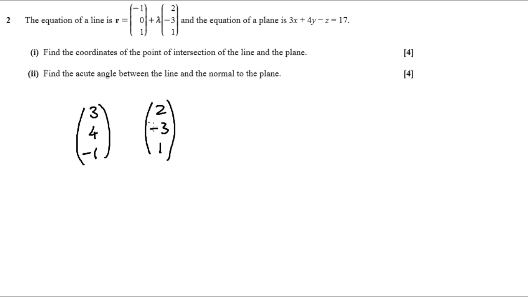With these two vectors, if we take a dot product between them, we will get the angle cosine theta, given that we divide by the magnitudes of the two vectors as well.